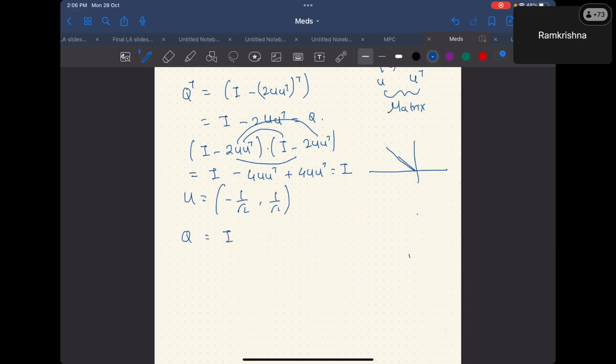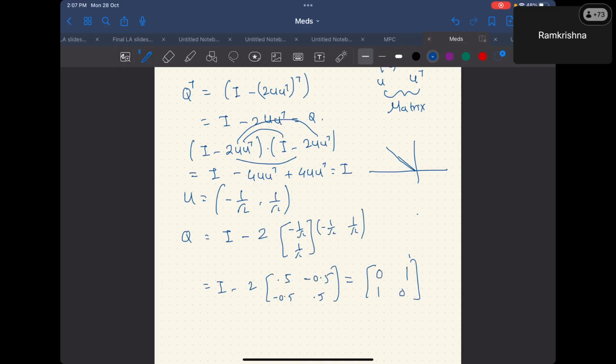This will be identity minus 2, and I will have minus 1 over square root 2, 1 over square root 2 times its transpose. So this will be identity minus twice. Everything here will be 0.5, a negative of 0.5, a negative of 0.5, and 0.5. This will give me 0, 1, 1, 0.